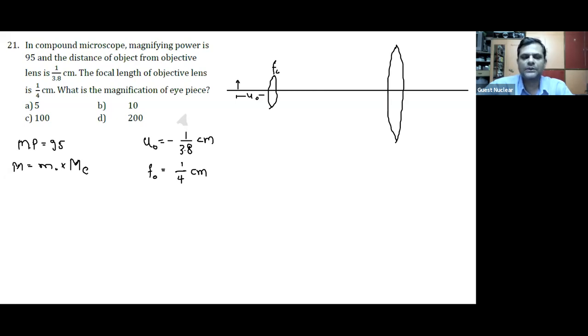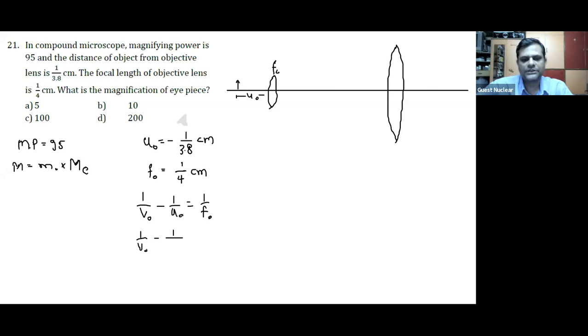We can directly use the lens equation here, which tells us simply that 1/VO minus 1/UO is going to be equal to 1/FO. करेक्ट है. तो अगर ये हम यूज करेंगे यहाँ पे तो हमको मिलेगा 1/VO, which is to be found out, minus 1/UO, where UO is going to be this 1/3.8, minus 1/3.8 in fact.